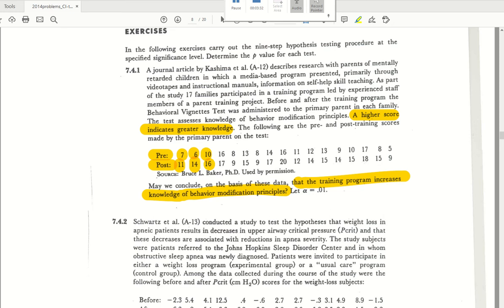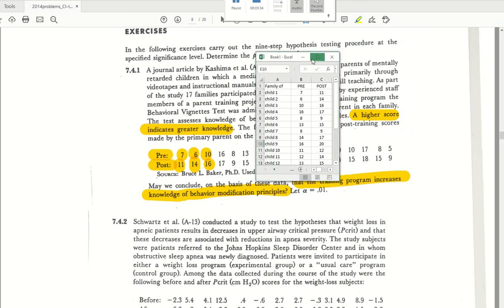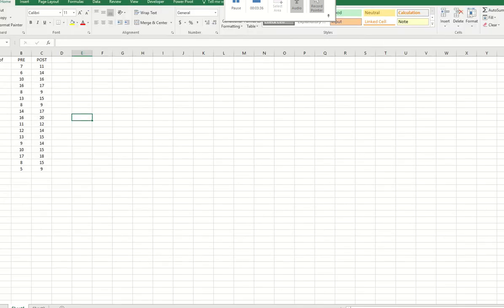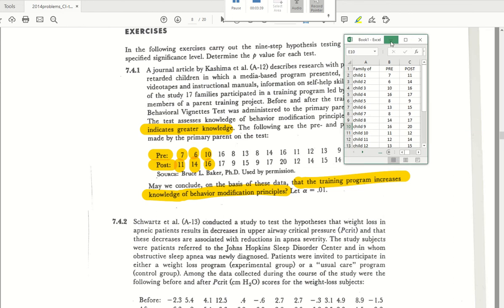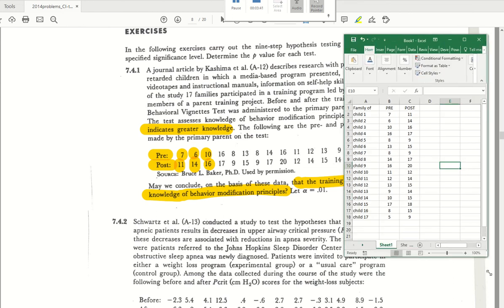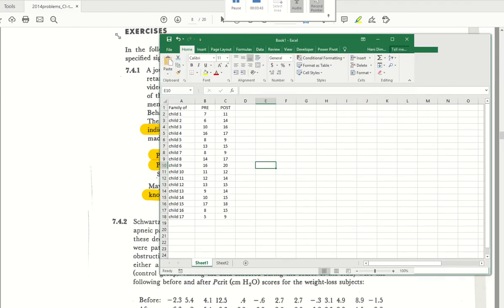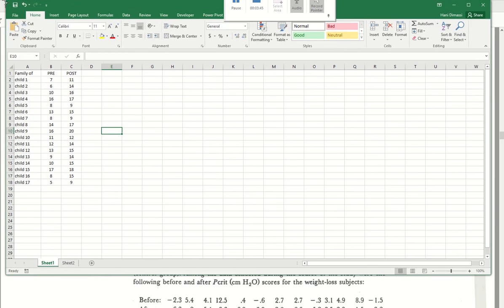So first of all, I want to show you what I did on Excel. See if I can do that. Okay, so here you have the exact same values of the 17 families. So I call them family of child 1, child 2, all the way to child 17.